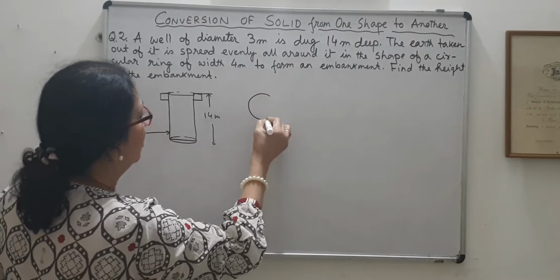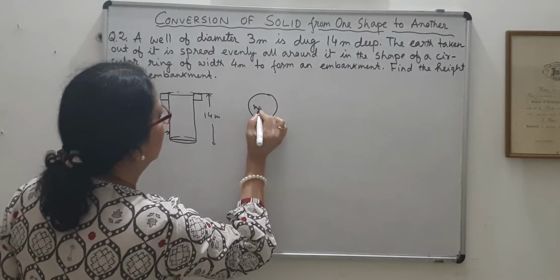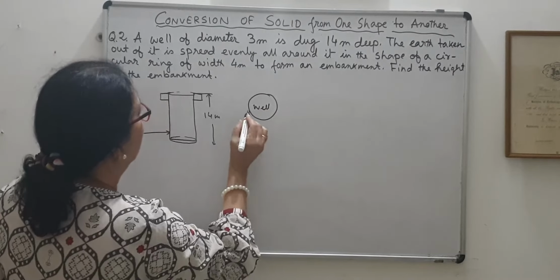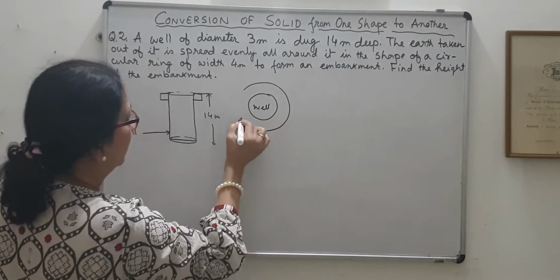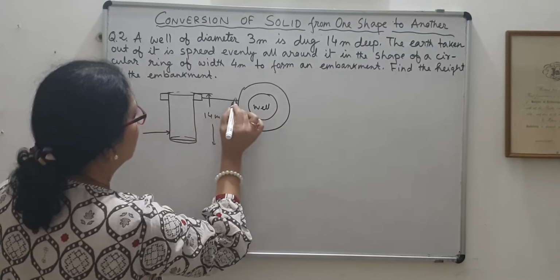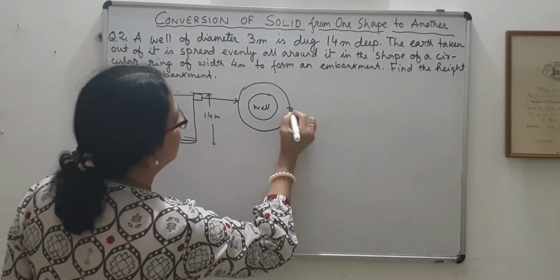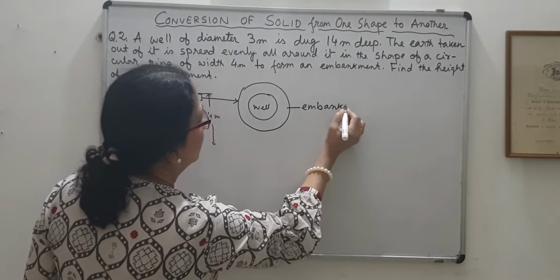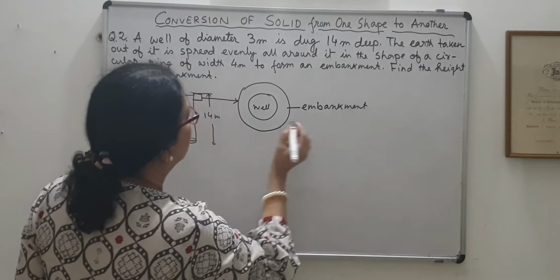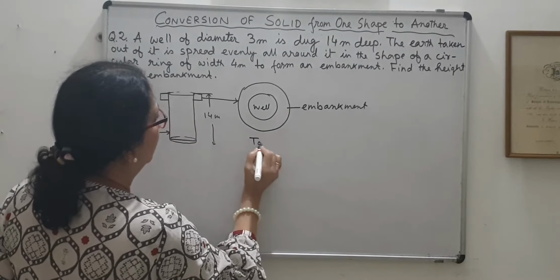This is your well, and this is your embankment, a circular ring, you see. I am showing you the top view.